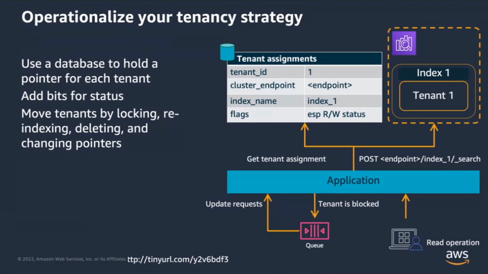This makes it a lot simpler for you to hold the writes off to the side while you're doing that reindexing, so you don't have a synchronization problem. Well, this is your synchronization mechanism. In this case, the application, when there's an update request, will send it off to a queue, and it'll just spin in that queue until the write flag is enabled again.